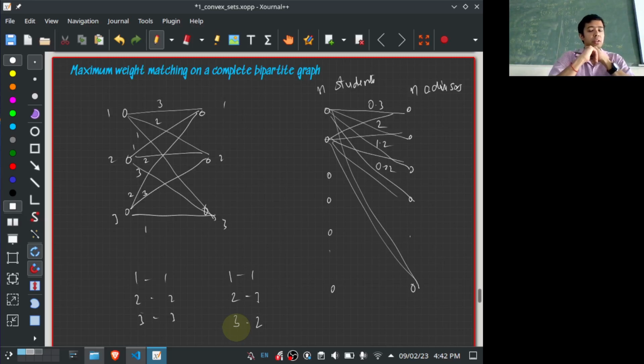Okay. Now we have this particular problem. How do we formally state this problem? Ultimately we want to formulate this as a mathematical optimization problem. So what is the optimization problem? How do you describe this?